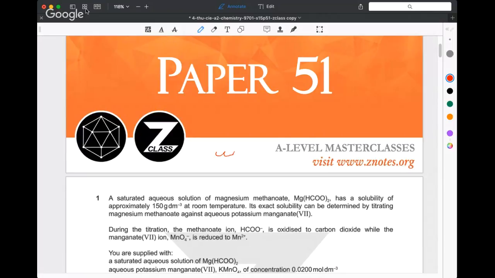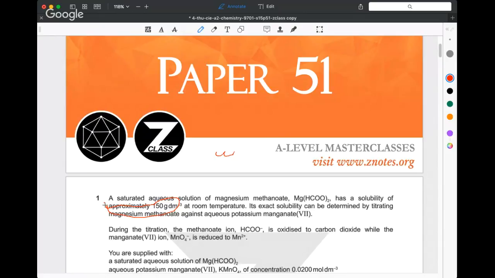Okay, very good. So in this first question, the context, if we can highlight that, can we? Okay, let me do that. The context is there's a solution here, and we know the approximate concentration. It's measured in grams per decimeter cubed.